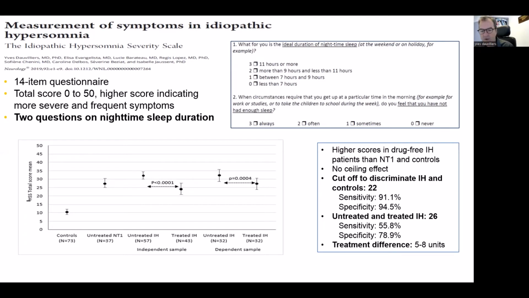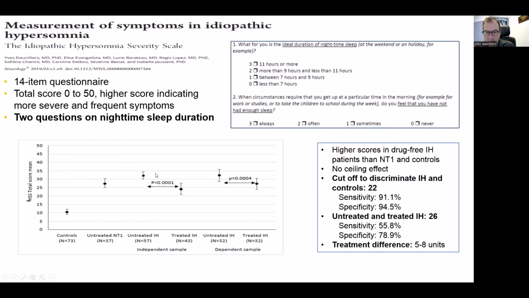So we did that with the patient association and my patients, and we compared the results to controls and to untreated patients with narcolepsy. And we defined a cutoff of 22 that differentiates IH and controls. Of key interest here, with the management, it's not a trial, it's just my patients.